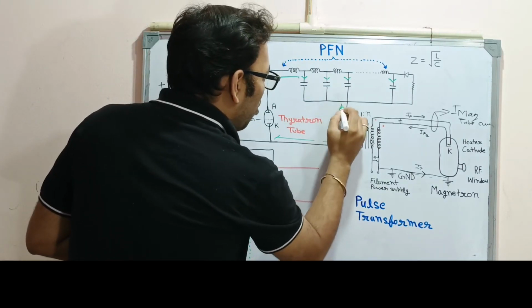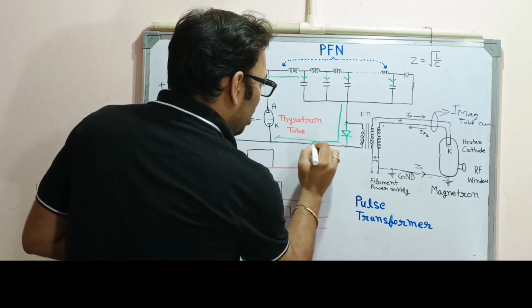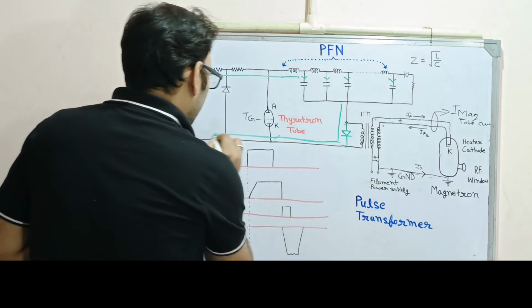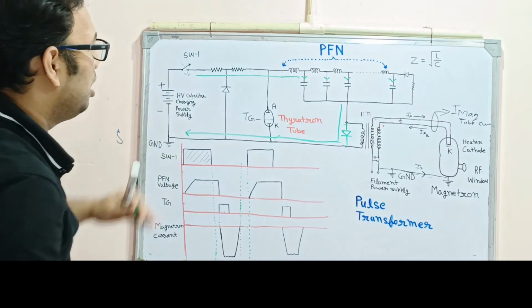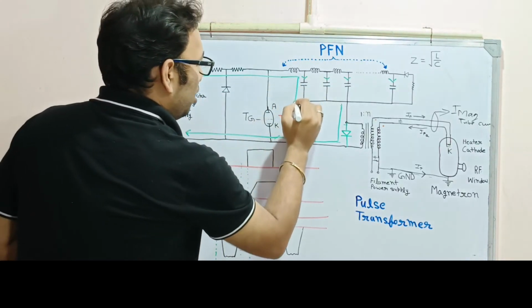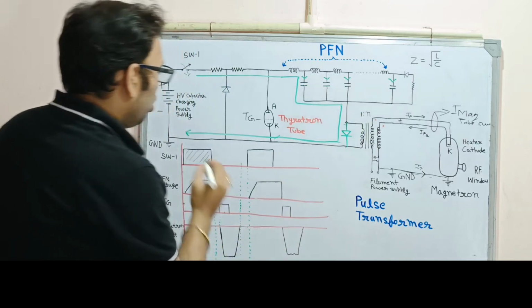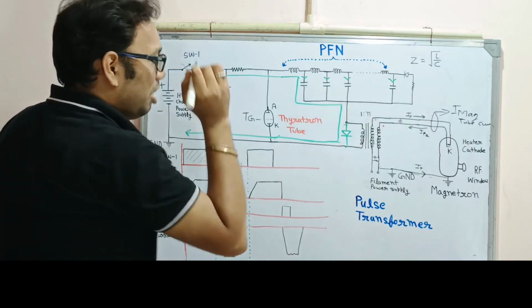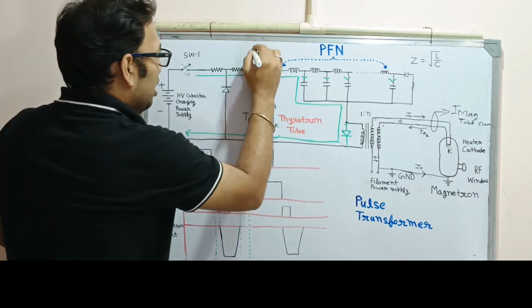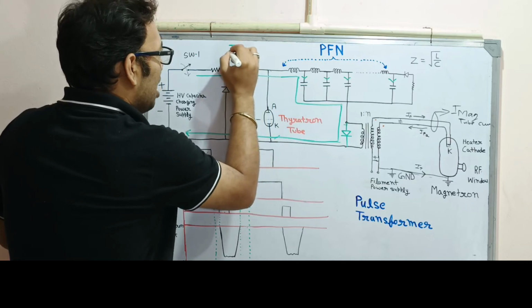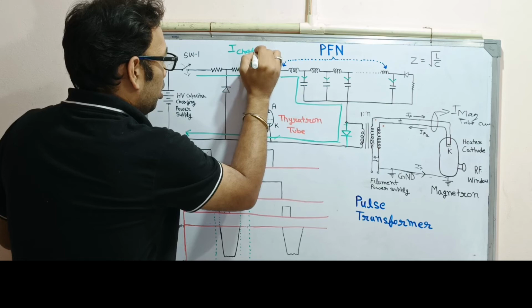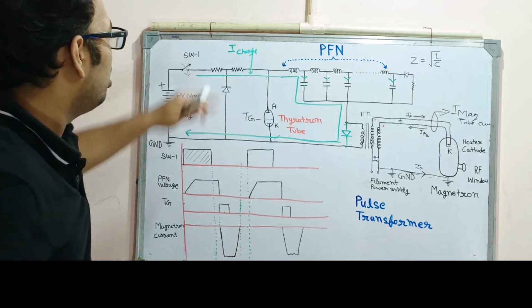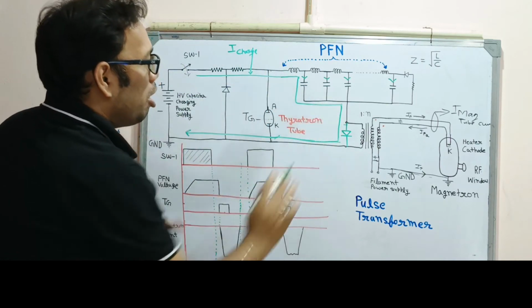Current will flow from here to here, then this part, and then this part to the HUPS, high voltage power supply section. So current is like this. So this is called charging current. So charging current will be called I charge. This is the charging current of the PFN.